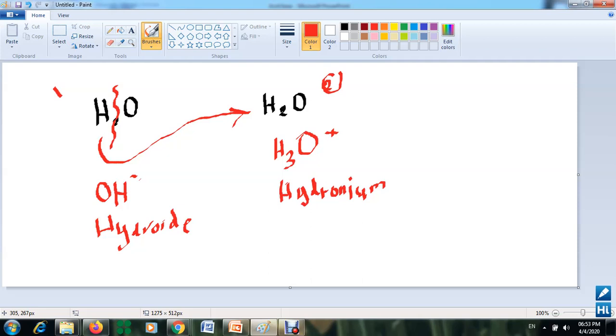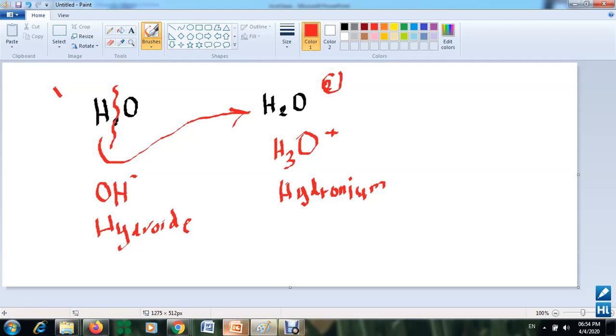This part is important. The other water molecule takes this hydrogen. How many hydrogen atoms does it have now? It has 3 hydrogen atoms, so it will form the hydronium ion, which is H3O with a positive charge.